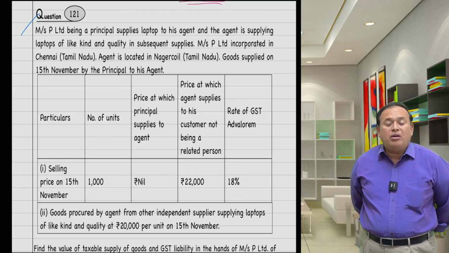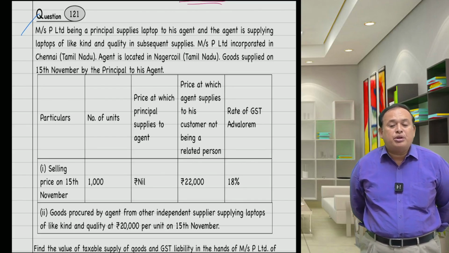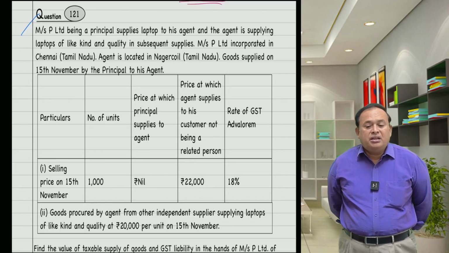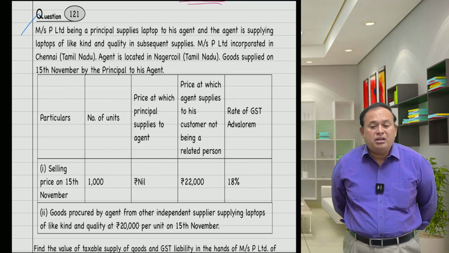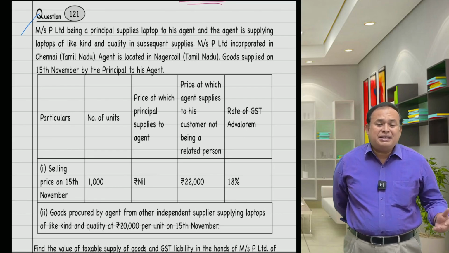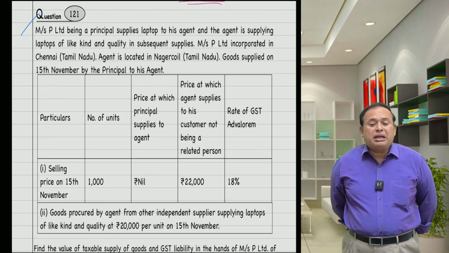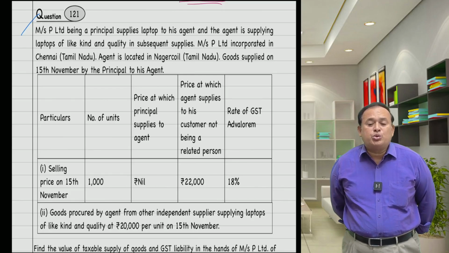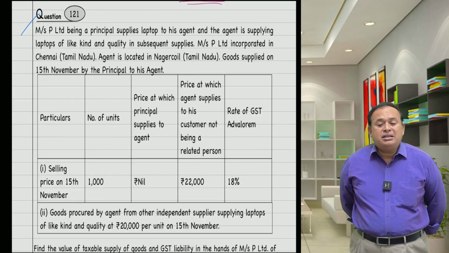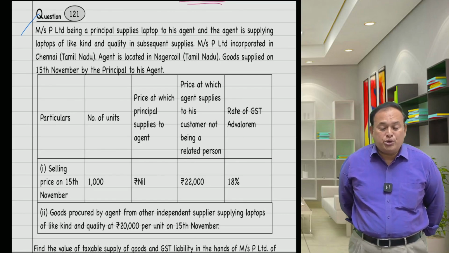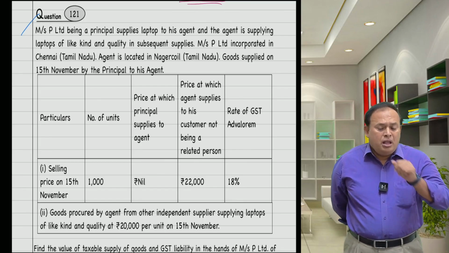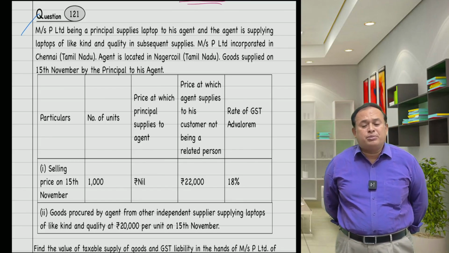Goods are supplied on 15th November by the principal to his agent, 1000 units. The price at which the principal supplies to the agent is nil because it is a transaction between principal and agent. The price at which the agent supplies to his customer, who is not a related party, is rupees 22,000 on 15th November. Rate of GST ad valorem 18%.